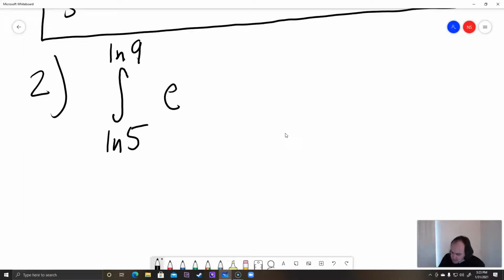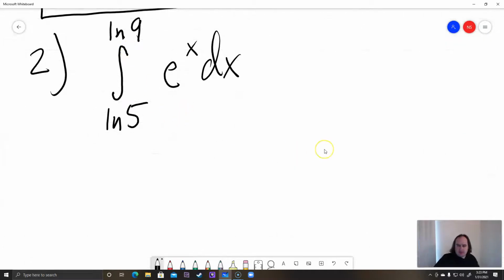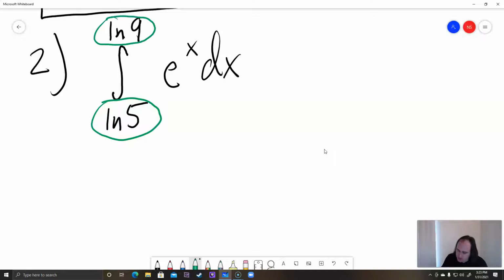This one is actually just e to the x dx. But what's different about this one is that it's a definite integral. So notice when you have a number on the top and the bottom, those are called your limits of integration. And this one is a definite integral.